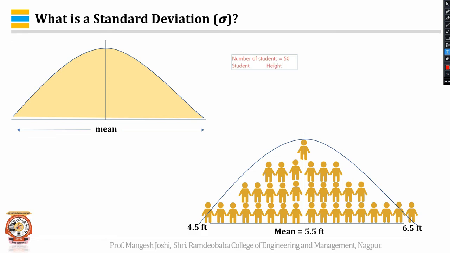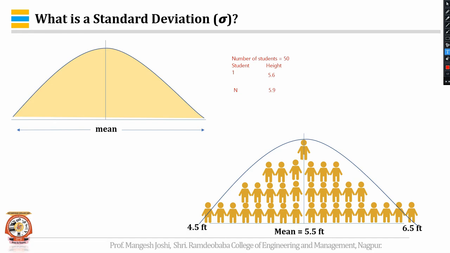You collected the data regarding their heights and noted down the height of all 50 students. Suppose student 1 has a height of 5.6, and similarly you have recorded the heights of all the students. Let us say the nth student has a height of 5.9.